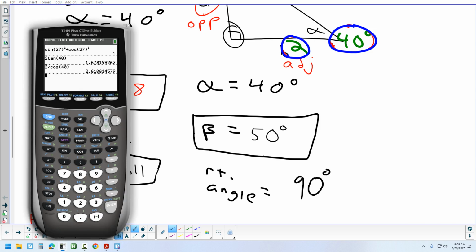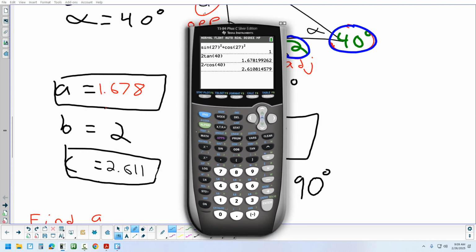Now, if we want to double check that we did it right, we could check it with the Pythagorean theorem. Let's do 1.678 squared plus 2 squared. Gives me that. And now let's check what c squared is. And if we did it right, what should c squared come out to? 6.81. All right, so when we did it, we got 6.8156 and then 6.8173.